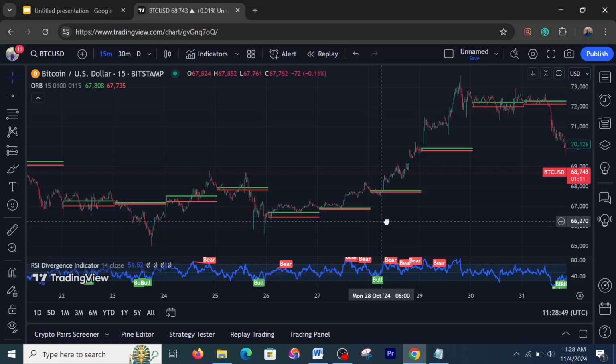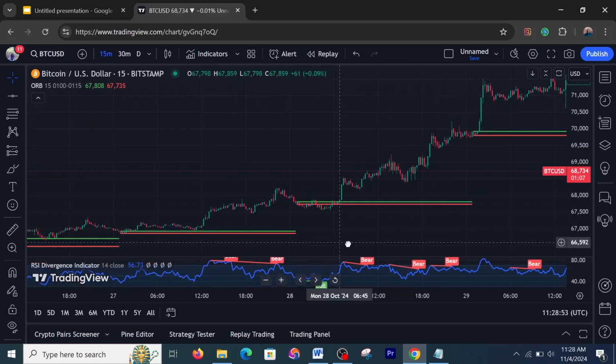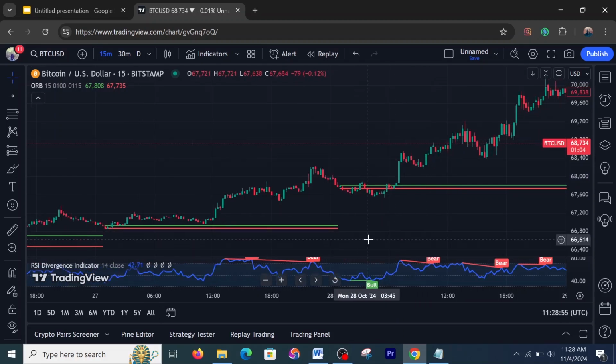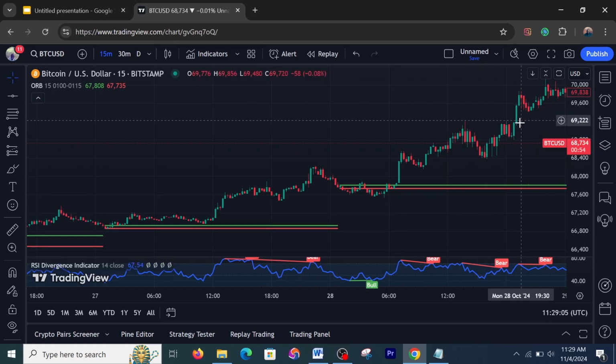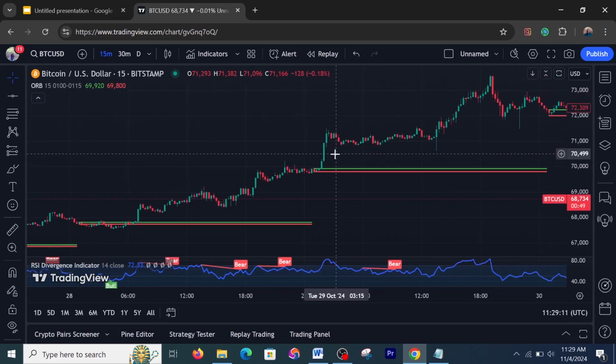Okay, so I think we could make use of this. You could see this is a bullish divergence followed by an ORB breakout to the upside. And you see, this is beautiful.